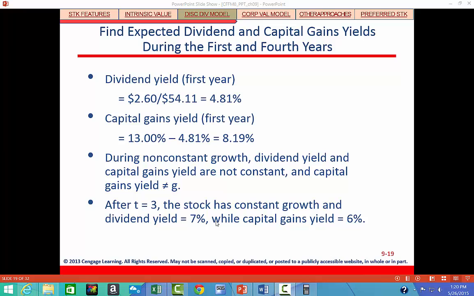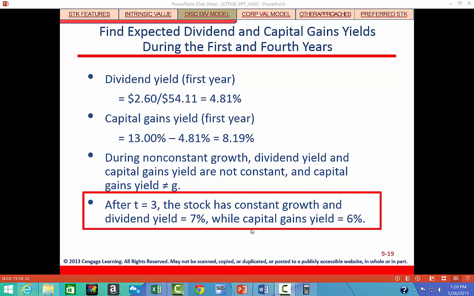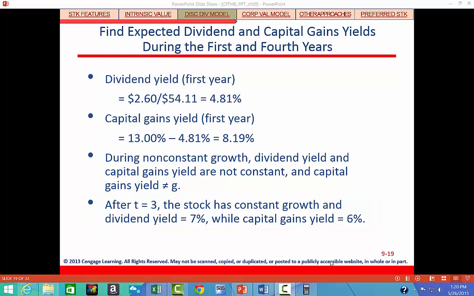But once it gets to after time 3, then the stock will have a constant growth and dividend yield of 7%, while the capital gains yield at that point will be 6%. So the dividend yield will be 7%, and the capital gains yield of 6% is equal to that constant growth rate. Whenever you have a constant growth rate stock, you can say the capital gains yield is equal to g, the growth rate. But that's only when it's the constant growth rate.